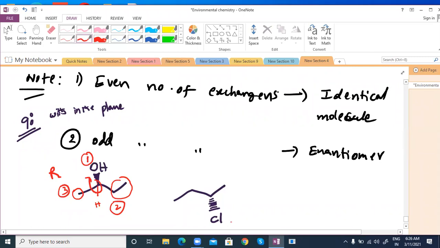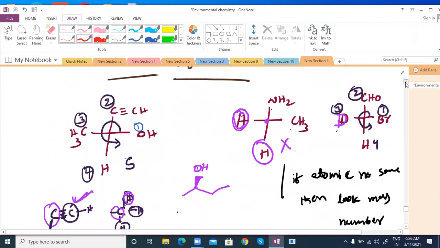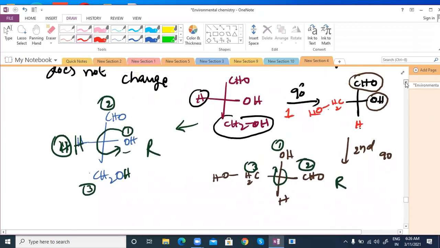What about here? Cl is the high priority. Atomic number is how much? 17. So this is 1. Next, ethyl is the second priority, and methyl has only one carbon. So this is also clockwise, but what is the point you have to concentrate on, sir? The least priority. Correct.